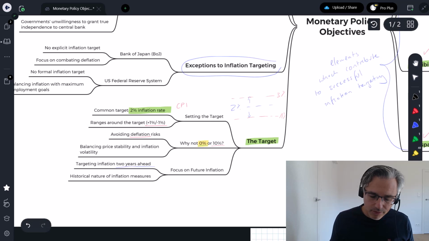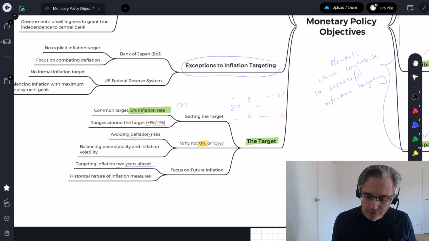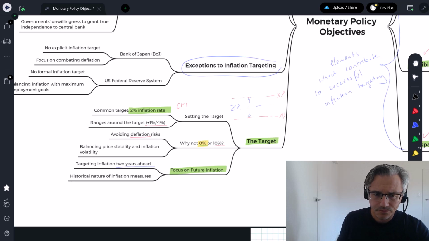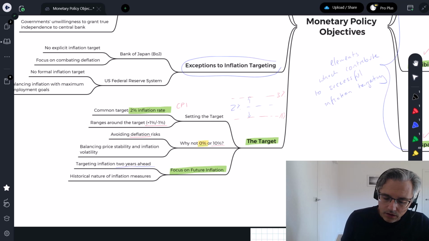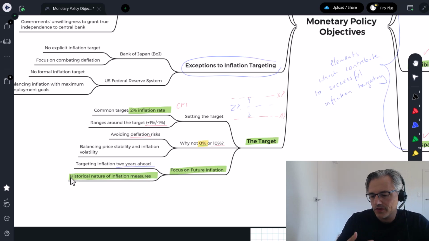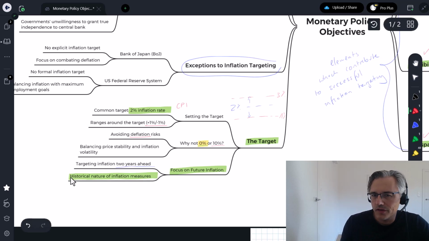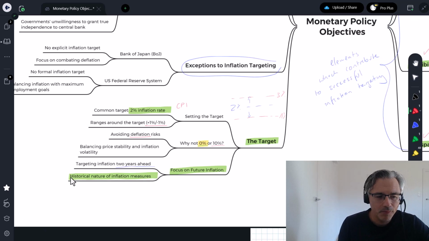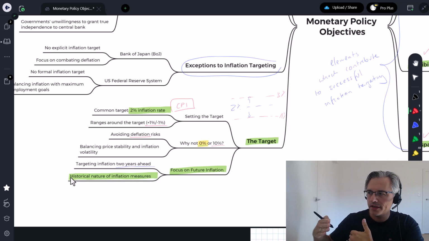And now let's come to this focus on future inflation. First of all, let me say that when the central bank looks at inflation conditions, you're looking at CPI figures, but remember that CPI is typically measured for the last 12 months.